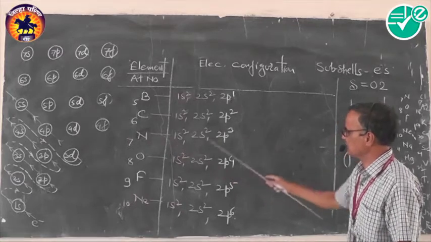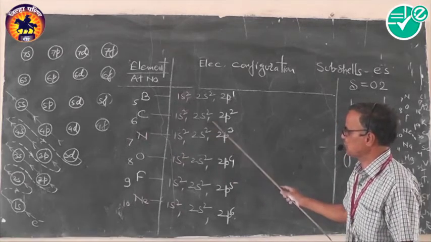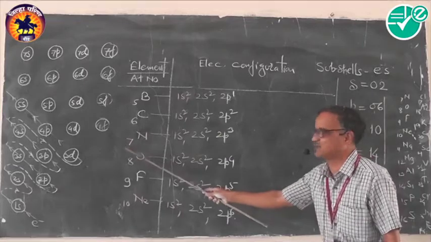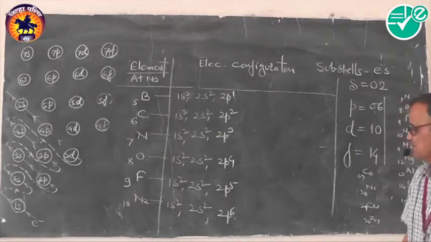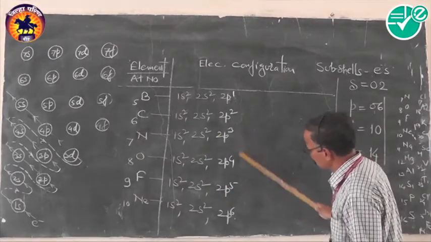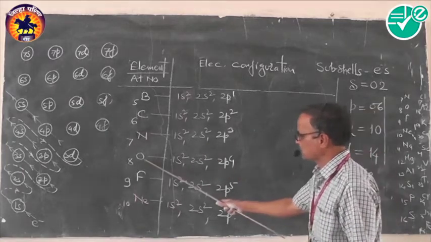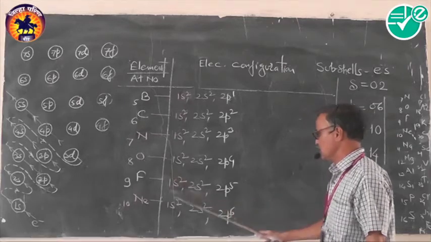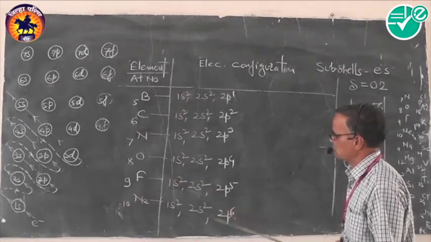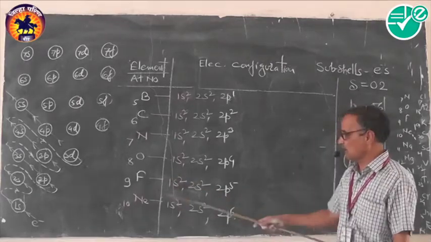It is correct because 3 plus 2 is 5, 5 plus 2 is 7, so 7 electrons are present in the case of nitrogen. Similarly, again an electron is added. So 1s2 2s2 2p4 will be the electronic configuration of oxygen. 1s2 2s2 2p5 will be the electronic configuration of fluorine.